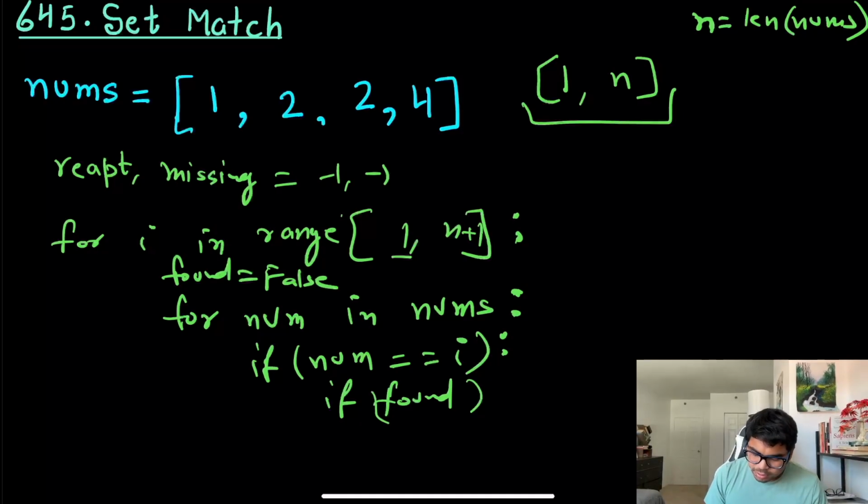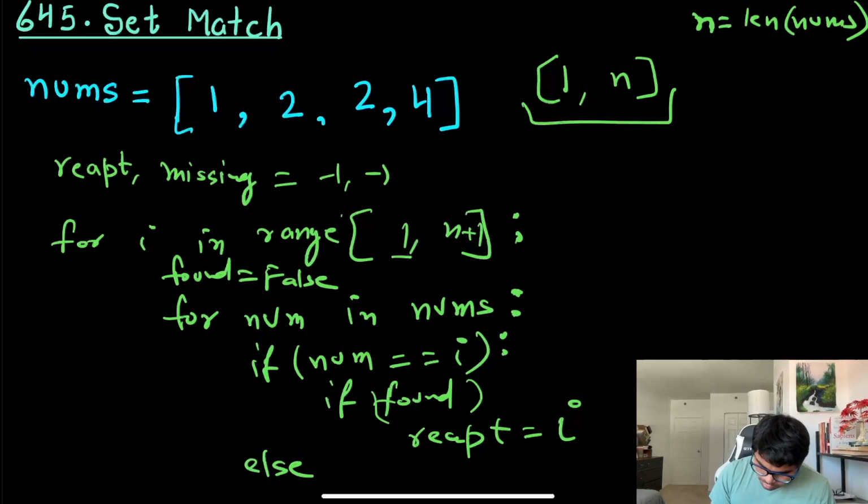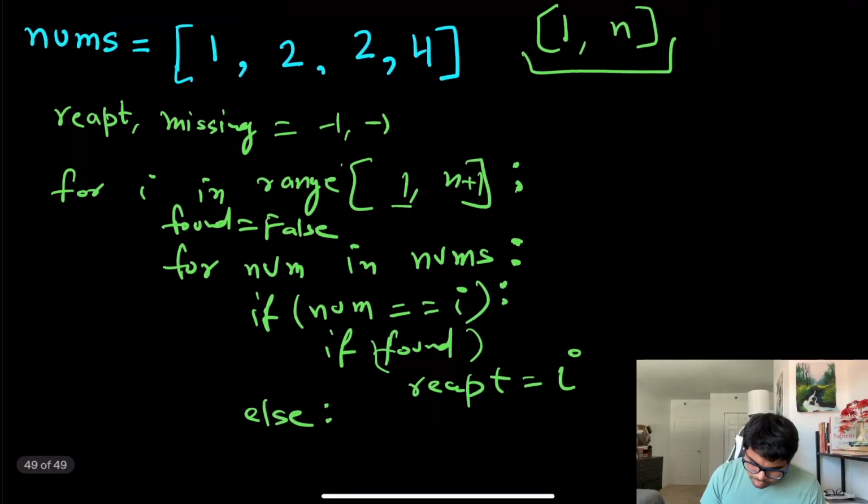that means this number is repeating. So I will set repeat equal to this number, that is i. Else, in this case I will say this number is missing, so missing is equal to i.